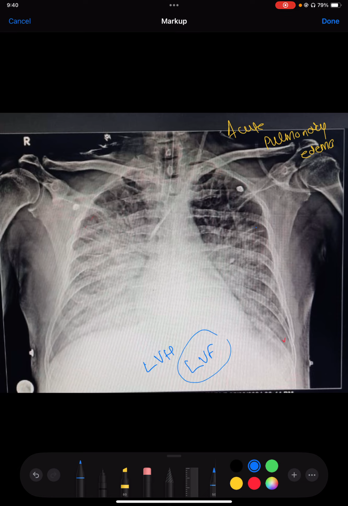So acute left ventricular failure causes so much congestion of the LV, which causes so much congestion of the left atrium, and this left atrium gets the blood flow from the right lung as well as the left lung. As there is so much congestion in the left atrium, all these veins cannot drain the blood into the left atrium, so the blood or fluid backs up into the lungs.